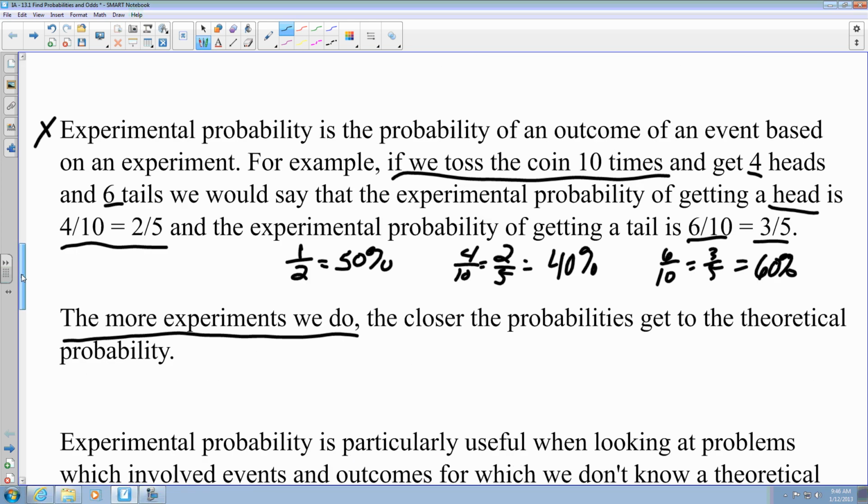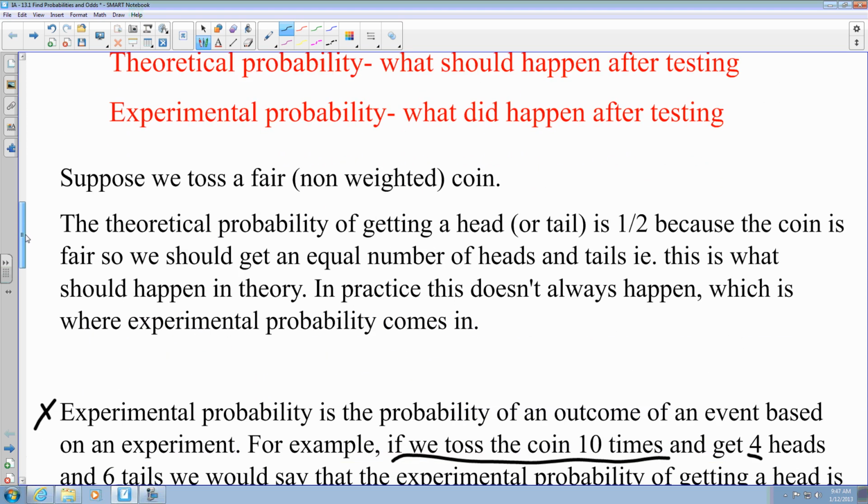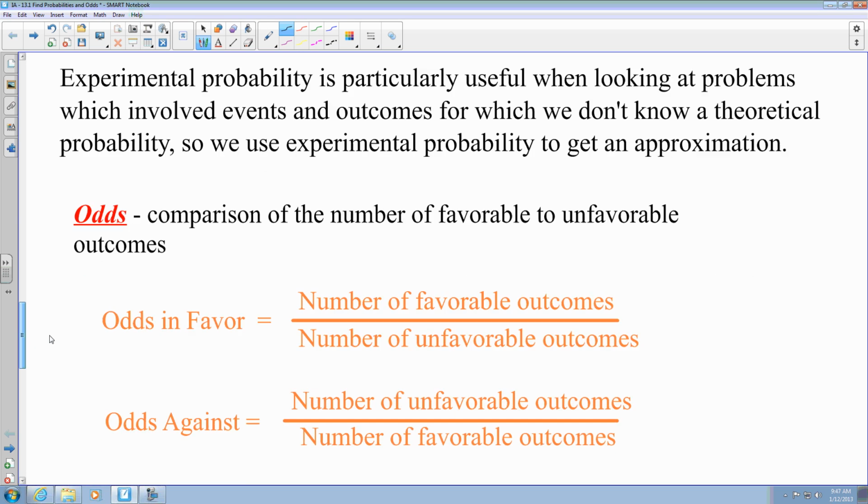So you have the number of successes divided by the number of trials. The number of successes means how many people have won the lottery, and the number of trials is the number of people who actually played. So that's how they determine that, and that's how they're able to get that type of data.